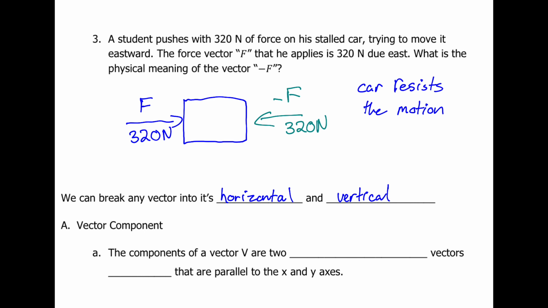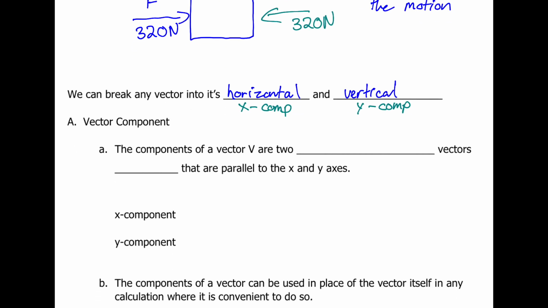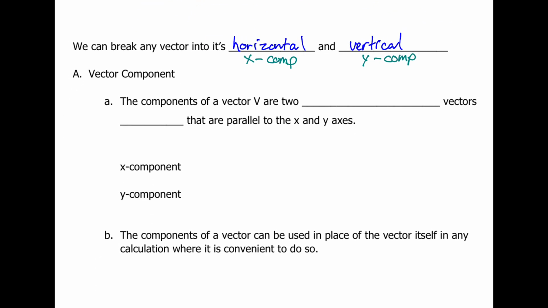Horizontal, in case we forgot, that's the x one. And the vertical one is the y component. So anytime we take anything vertical, we're going to call it y, and horizontal we're going to call x. I have to use my arms or I'm going to say the letters wrong.